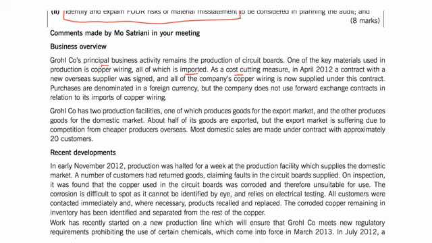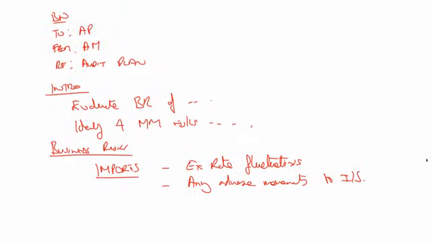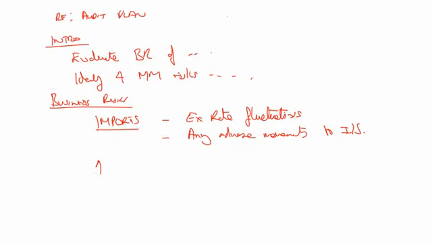So far, so good. As a cost-cutting measure, in April 2012, a contract with a new overseas supplier was signed, and all of the copper wiring is now supplied under this contract. All of the copper wiring under one contract. I see a business risk. What if that goes wrong? So just one supplier. Okay, that's a business risk, because what if the supplier has difficulties?